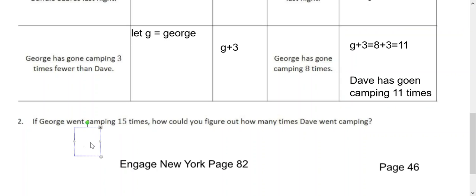Well, we know that it is George plus 3, and now we know that it is 15 times that he has gone. So George went camping 15 times, sorry. And so we go 15 plus 3, which is 18 times, okay?